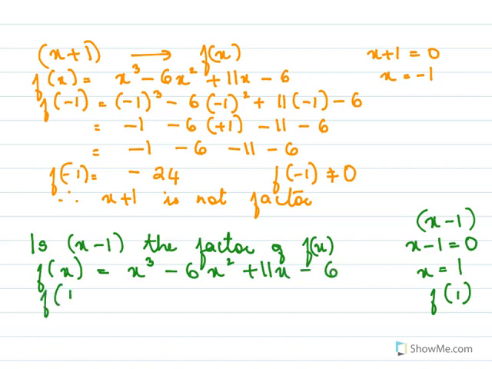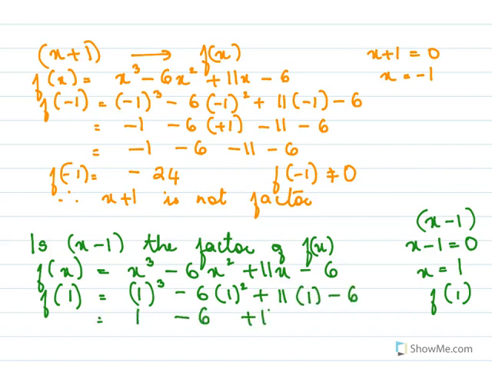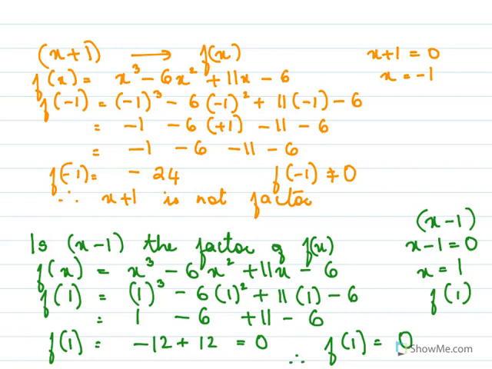F of 1 means 1 cubed minus 6 times 1 squared plus 11 times 1 minus 6. So this is 1 minus 6 plus 11 minus 6. So f of 1 is minus 12 plus 12 equal to 0. So we see f of 1 equal to 0, therefore x minus 1 is a factor. So we've got one factor.